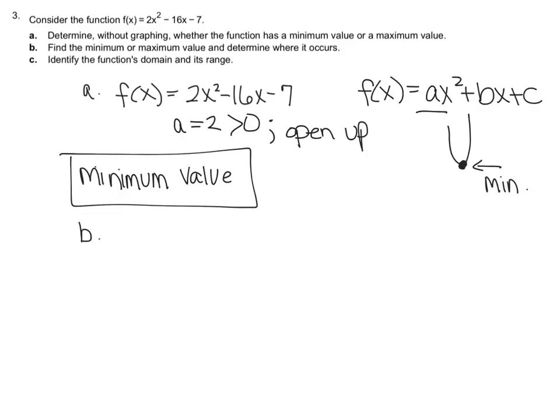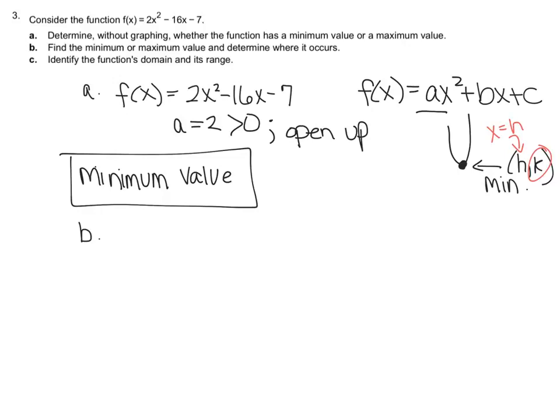Part B asks us to find the minimum or maximum value and determine where it occurs. We know that we're having a minimum value, and this value is found at the vertex, which is (h, k), where the minimum value is k, and it occurs at x equals h.